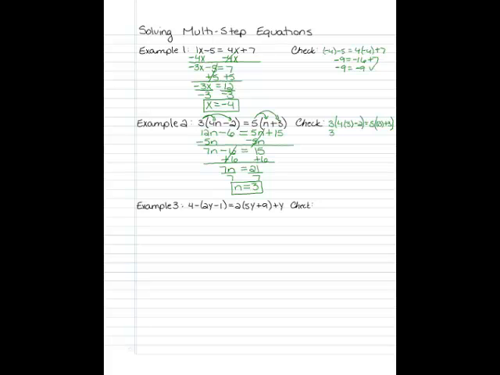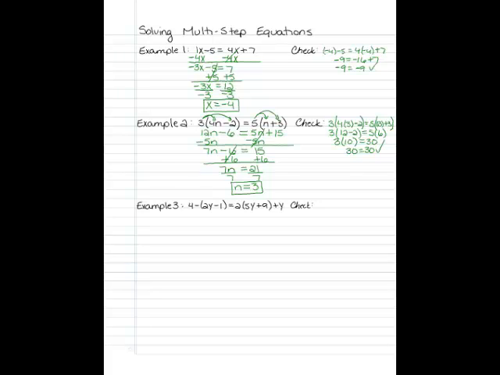So inside the parentheses, we have 12 minus 2 equals 5 times 3 plus 3 is 6. 3 times 12 minus 2 is 10, equals 5 times 6 is 30. 3 times 10 is 30, which is equal to 30. So the answer checks. It is correct.